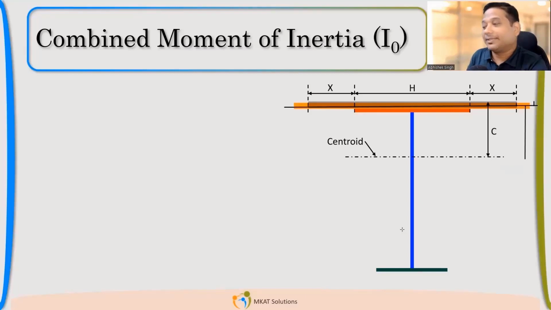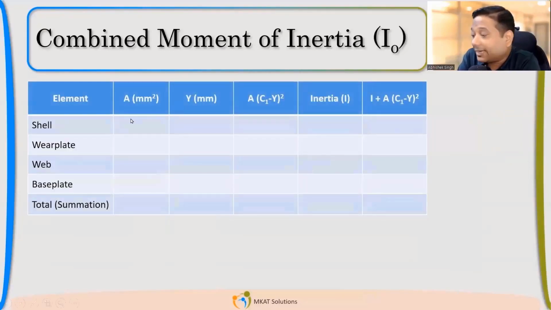If you write it in an Excel sheet, it will be very easy. Calculate individual areas and then shift them to the centroid. That is what we are doing. Find A, then find y, multiply that A with C minus y, and then square of it. And this is individual inertia, which is nothing but BDQ by 12.